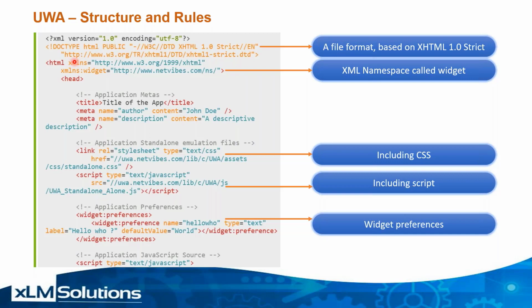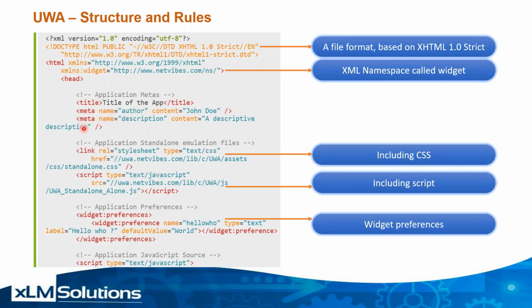Then we have defined XML namespaces. XML namespaces for widgets are very much required. If you do not add these two lines, the HTML and XML namespaces, your widget will not work. It actually doesn't identify what a widget is. This is an identification for your HTML, or for the 3D dashboard, to understand that this HTML belongs to widget code. There are some meta, title, name, and meta description.